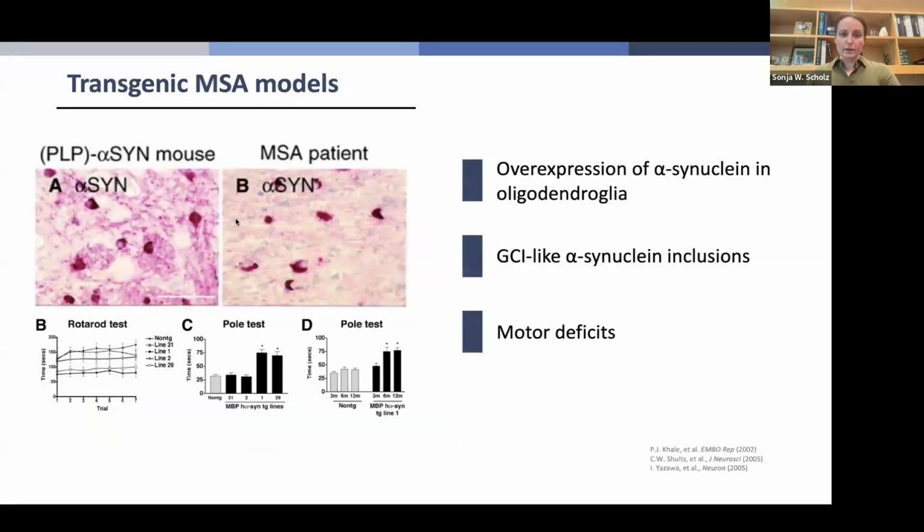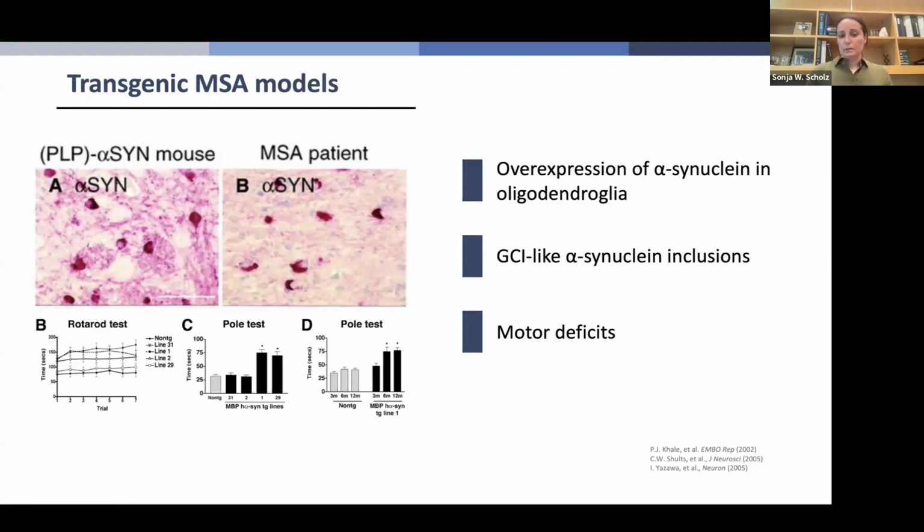The SNCA gene is also at the core of MSA models that have been developed. So for example, there are mouse models where we can overexpress this particular gene. We can coax the oligodendroglia to express more of the alpha-synuclein protein. And when you do that artificially, what you get are inclusions that look really like the glial cytoplasmic inclusions that we see in patients.